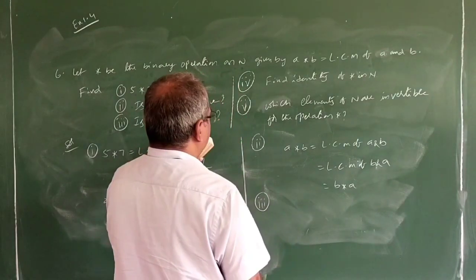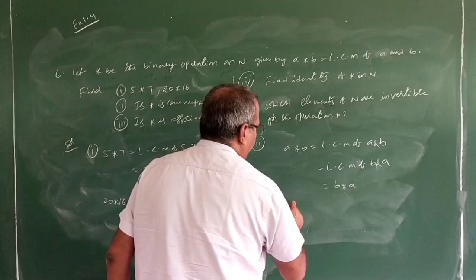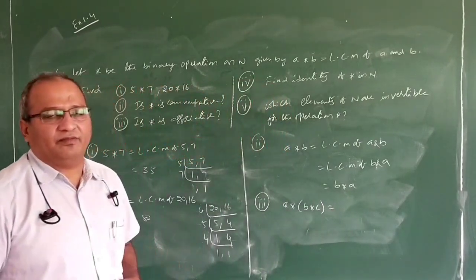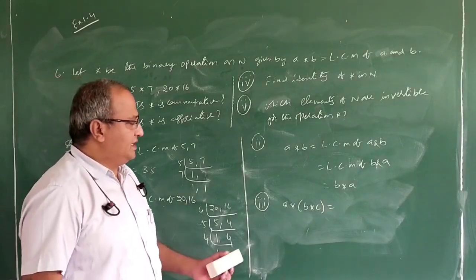Next, the third: is star associative? Now, A star of B star C. The same thing we did previously, we do here also.